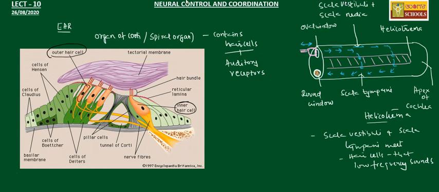When you see a hair cell, this is how it looks. From the bottom, there is a connection with the nerve, so you can see the nerve innervates this. On the apical part of this hair cell we will find a large number of processes.